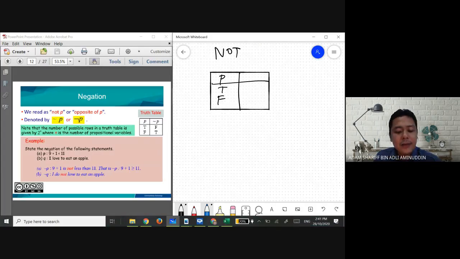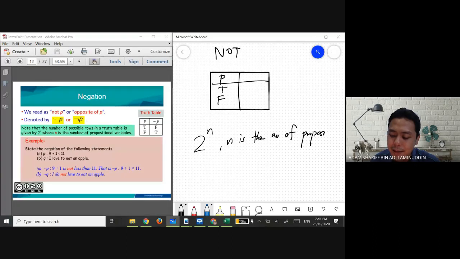The basics of developing the truth table stems from this formula, 2 to the power of n, where n represents the number of propositions. Because these properties of negation involve just one, which is P, you have 2 to the power of 1, which translates into 2 rows.